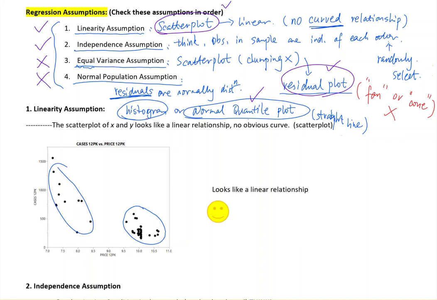We are trying to find a better regression. If you cannot find a better regression, then this regression will be the best one, even though the assumptions are not checked.